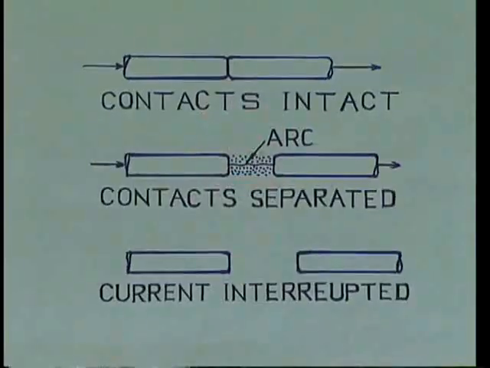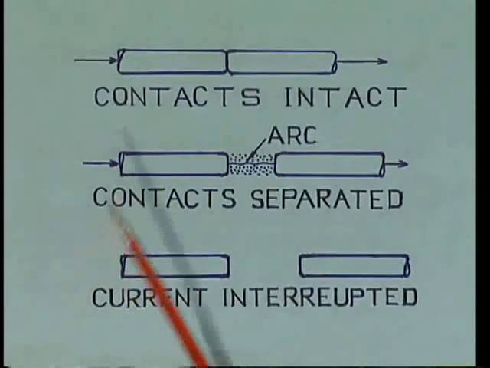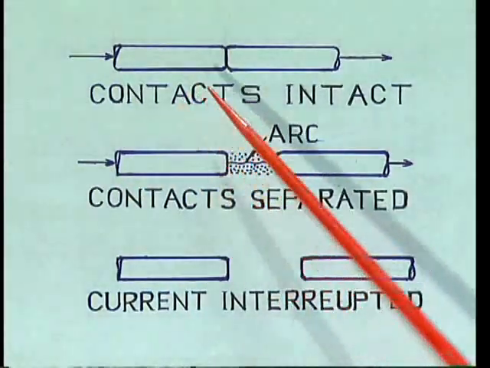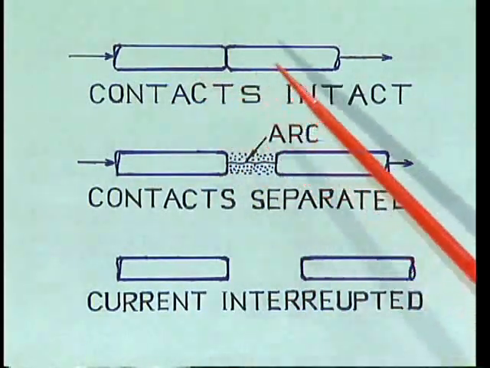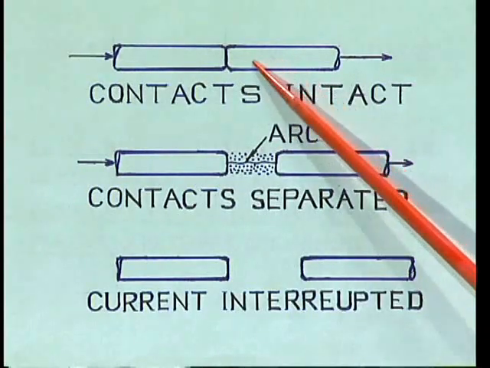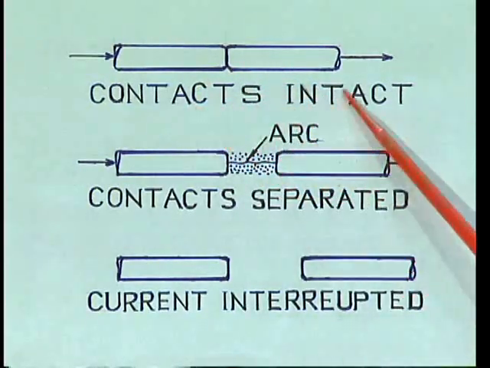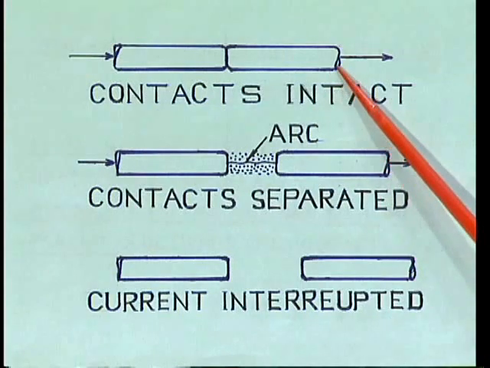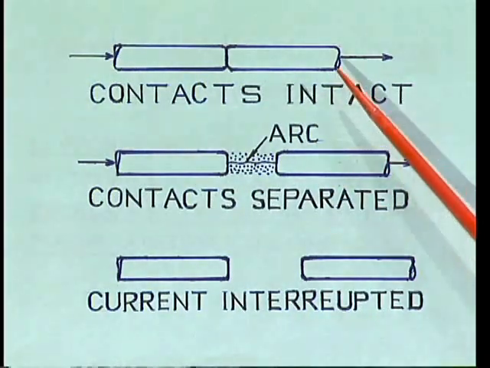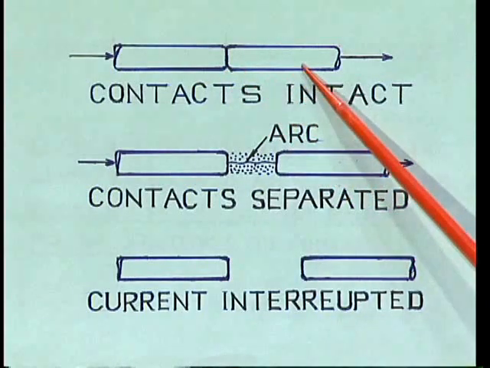So coming to the arc phenomena, you can see the figure here. These are the two contacts of the circuit breaker. One is the fixed contact, the other one is the moving contact. Both contacts are intact before they are separated by the protective system due to the short circuit current flowing between the two contacts.